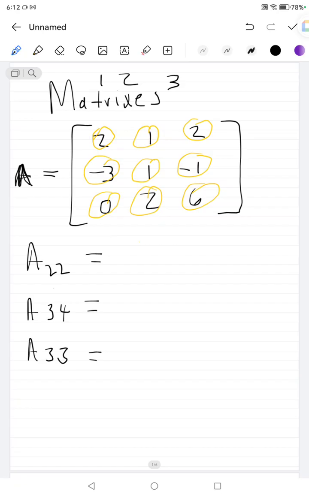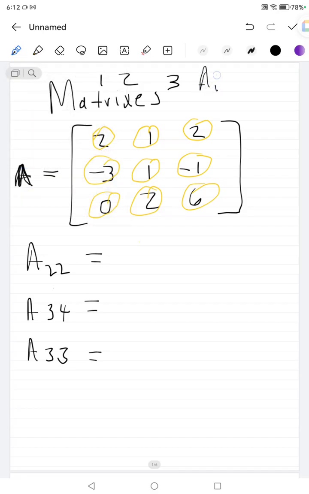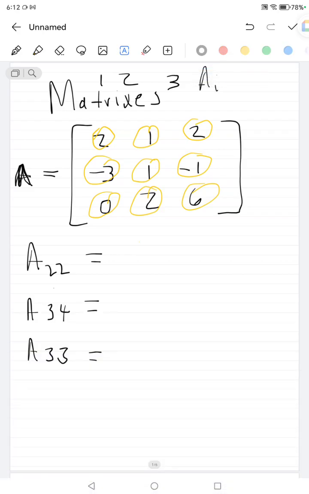Remember, this can be written as A with subscript i times j, which is rows by columns.